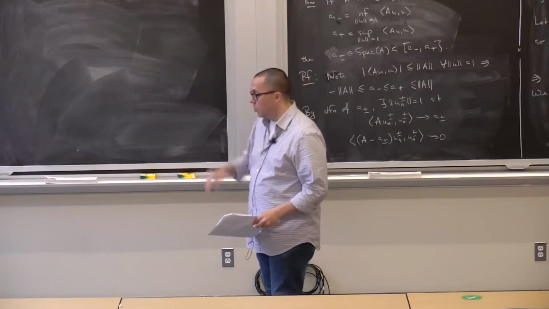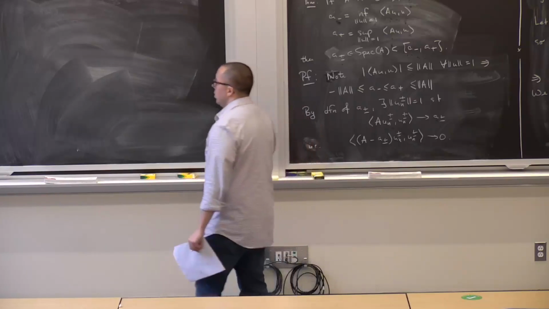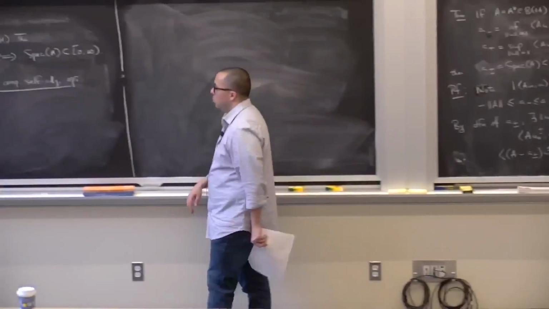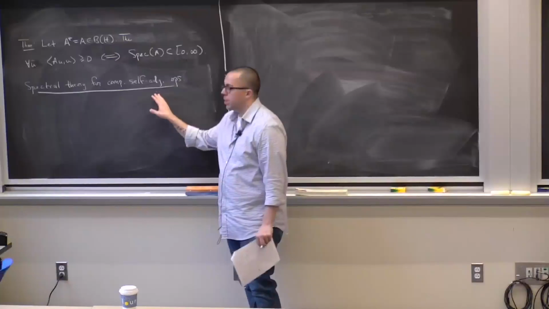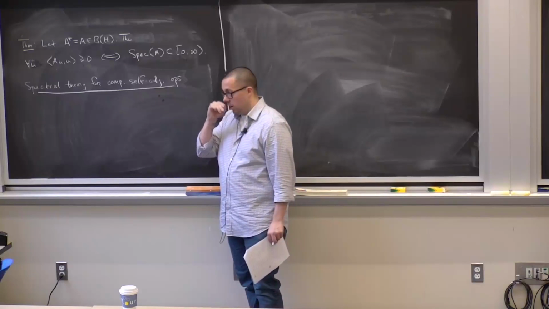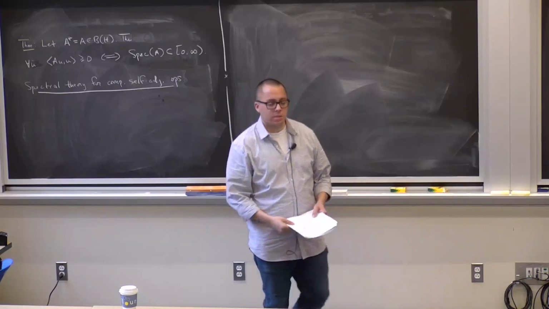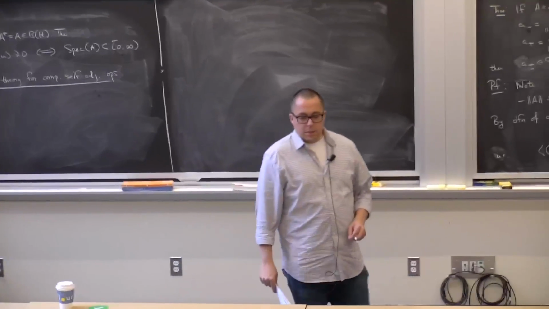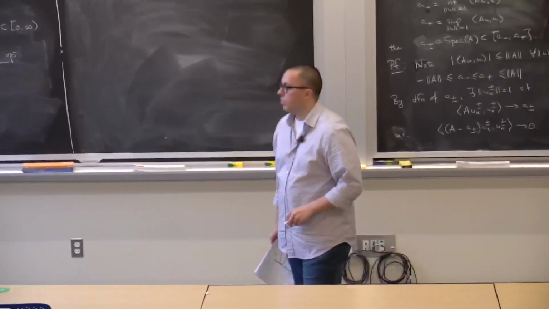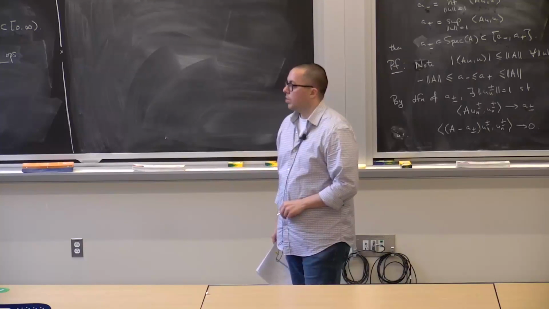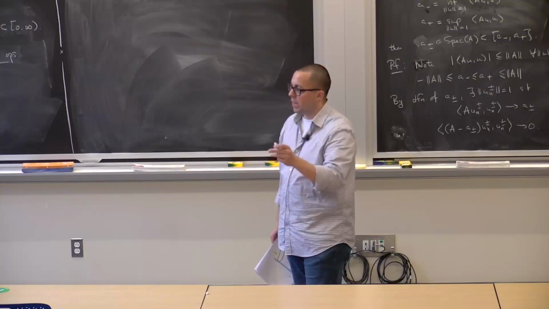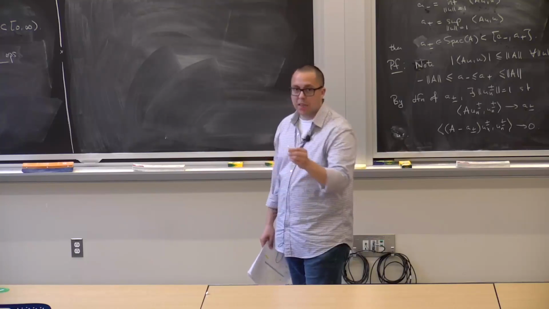I'll go ahead and give you a preview of what we can say about the spectrum for these operators: that it essentially consists of nothing but eigenvalues, with the possible exception of 0 being an accumulation point of the eigenvalues.